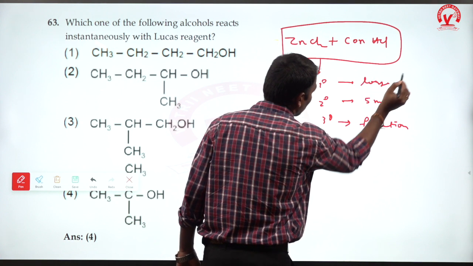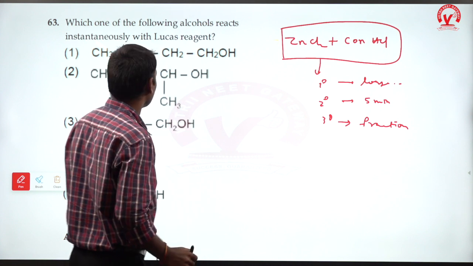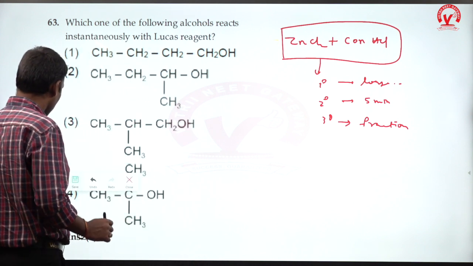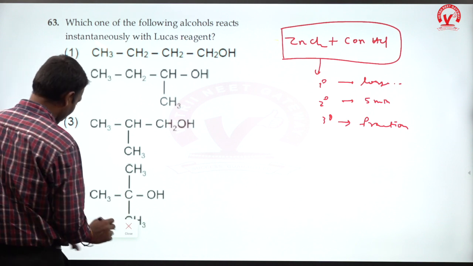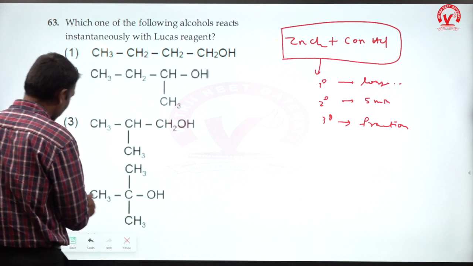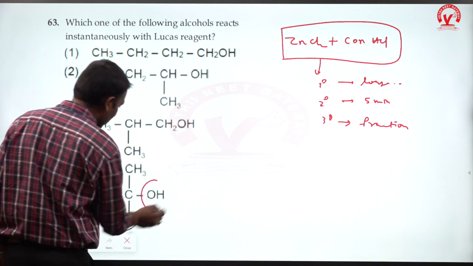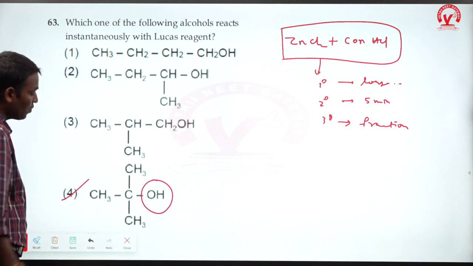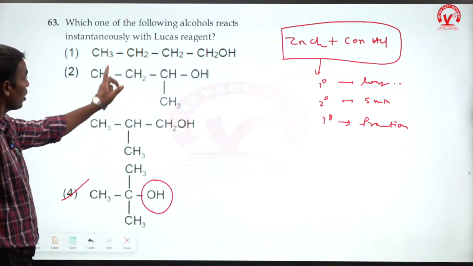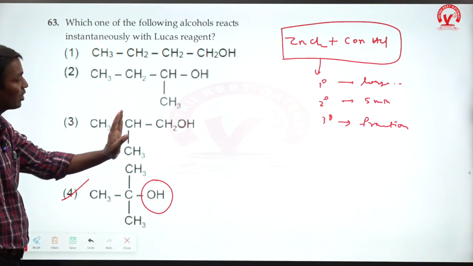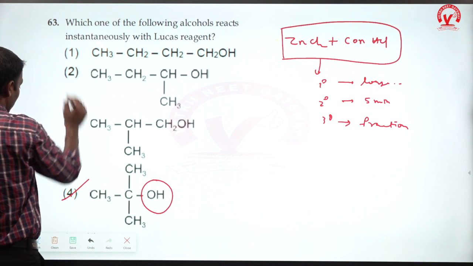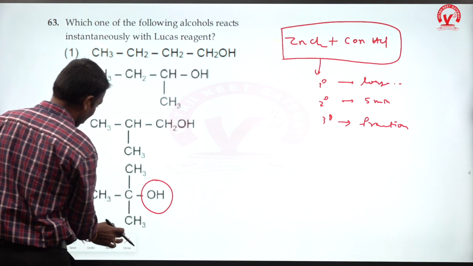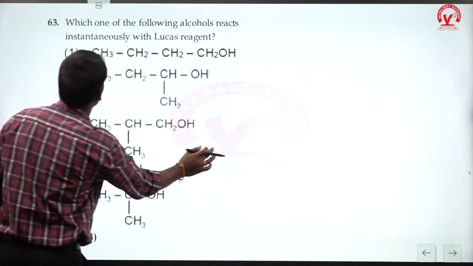So we have taken a tertiary alcohol in this given option, where the OH is attached to a tertiary carbon. Tertiary alcohol will give instantly with Lucas reagent a turbidity that we observe in this case. That is question number 63. Then move on to the next question.